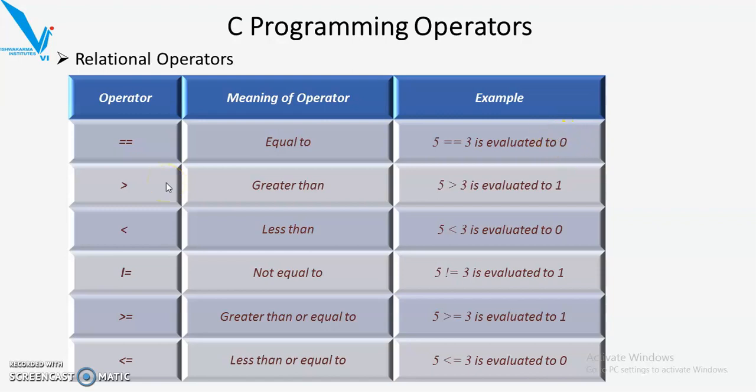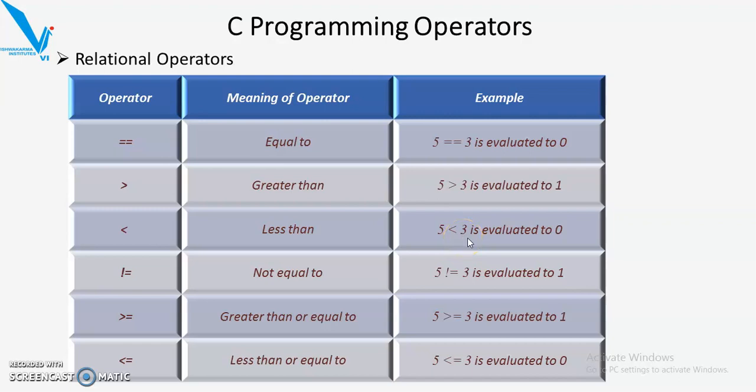Next is the greater than operator. It checks if the value of the left operand is greater than the value of the right operand. If yes, then the condition becomes true and it will produce the value 1 at the output. Next is the less than operator. It checks if the value of the left operand is less than the value of the right operand.